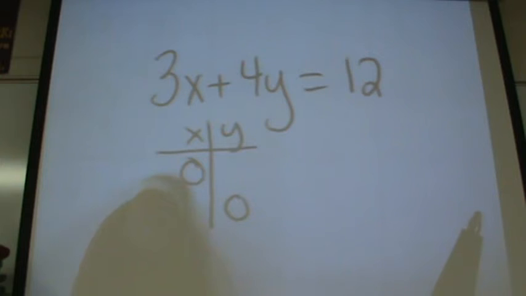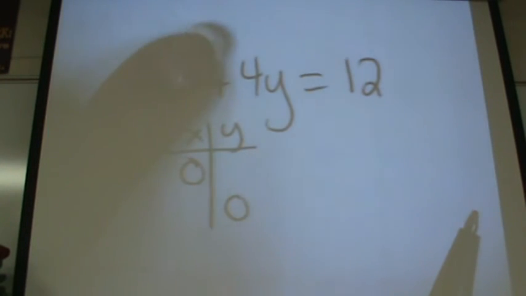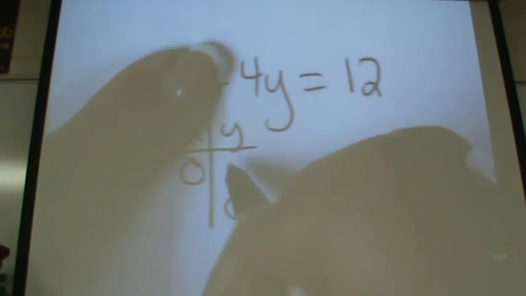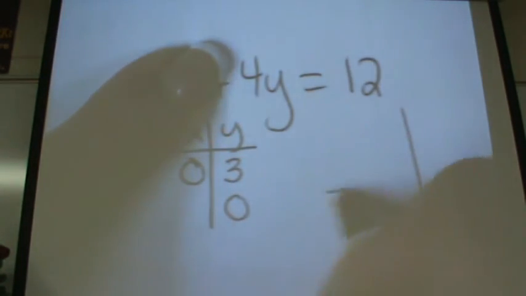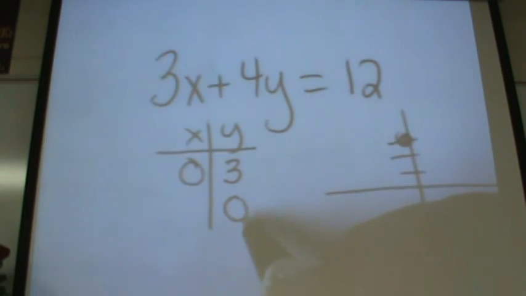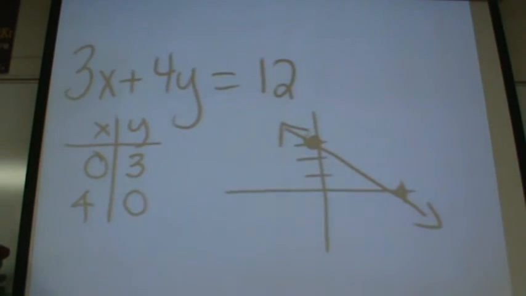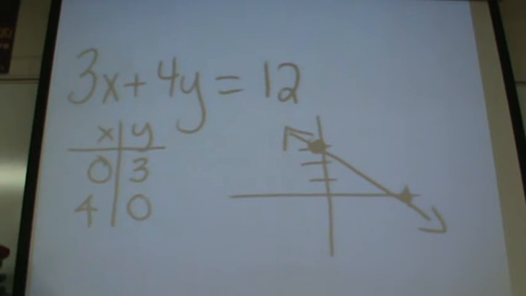If I put a 0 in for x, it's really like just pretending that term doesn't exist. What's y then? Solve that in your head. (0, 3). Where's (0, 3)? It's right here. And then what if I put a 0 in for y? What's x? 4. Where's (4, 0)? Right here. There, I just graphed it. Easy. That's the nice thing about standard form.